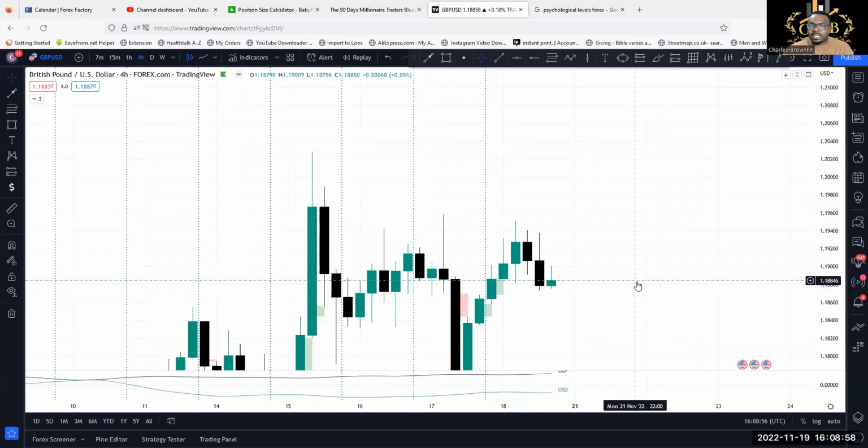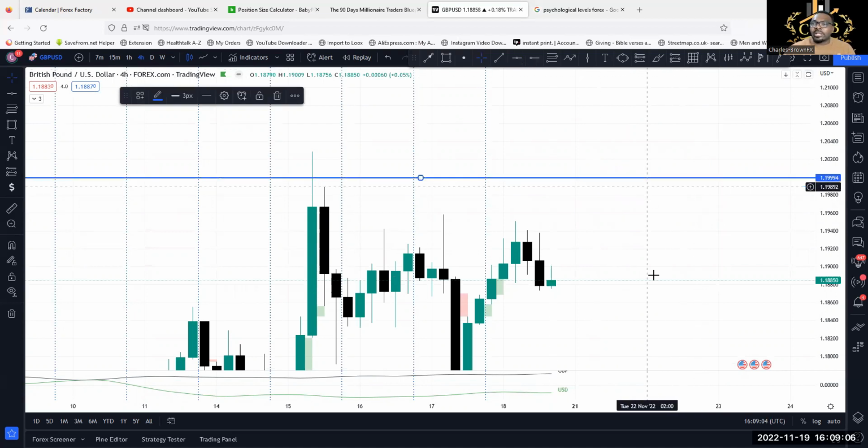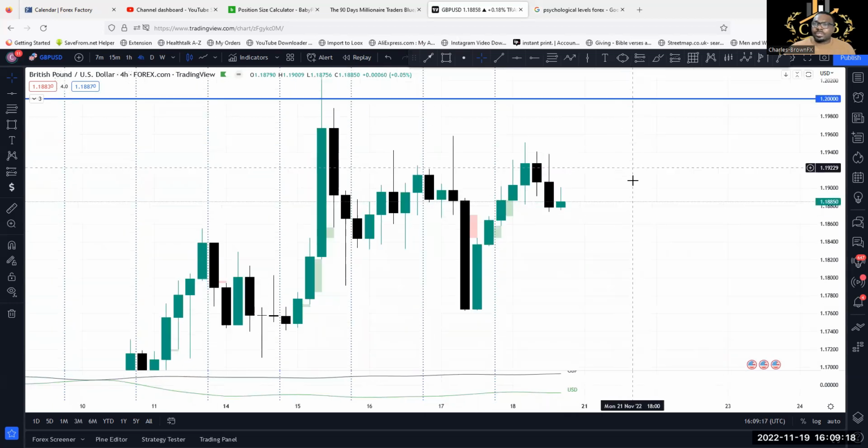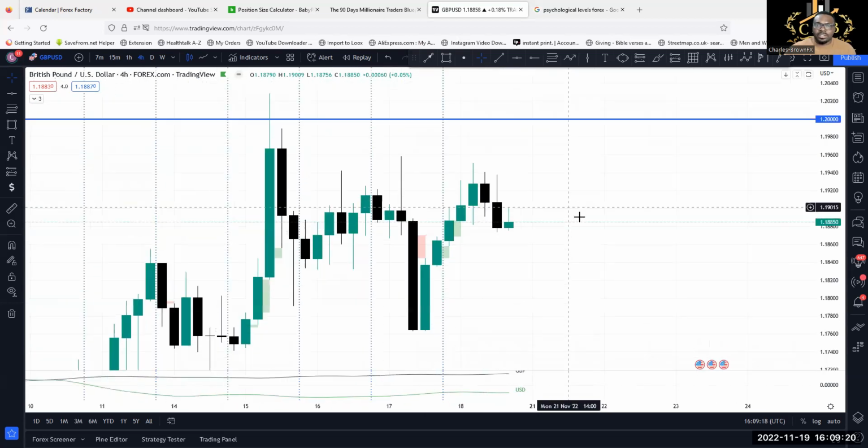If you check where price is right now, you want to look at where the round number is. The first round number you can see where price actually got to is the 1.20 thousand level, which is $1.20. Yeah. So you look at that position as the first psychological level.